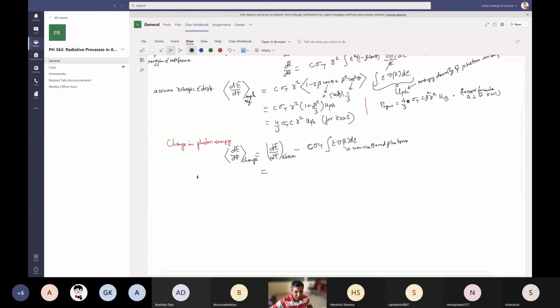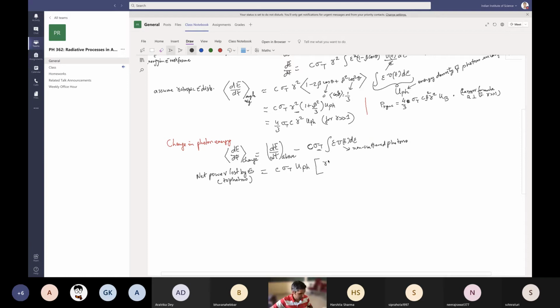So this is the net power lost by electrons to photons. It is equal to c sigma_T U_ph, so I'm just going to subtract this from that.